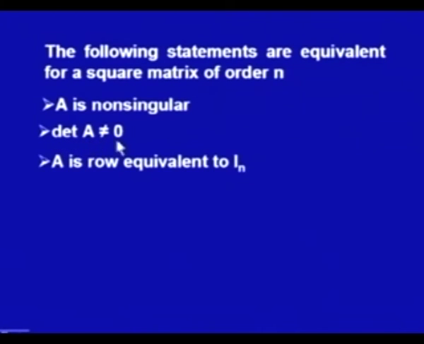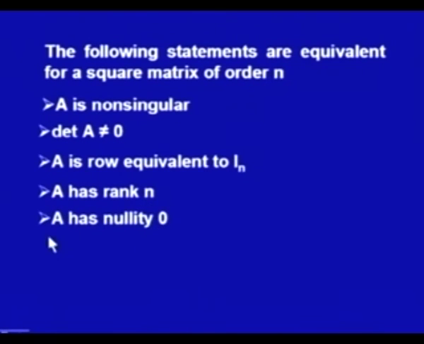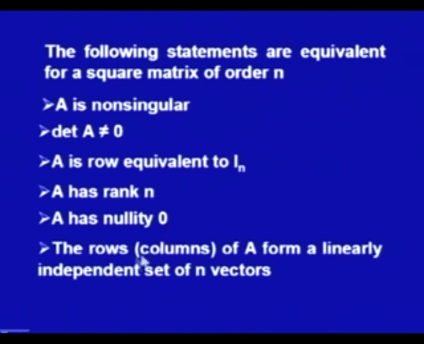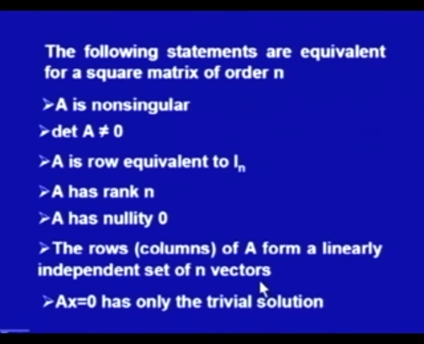Whenever determinant A is not 0, then we can always reduce A to In by applying elementary row transformations. A has rank n, since determinant A is not 0. A has nullity 0 due to the rank nullity theorem. The rows and columns of A form a linearly independent set of n vectors, this also we have proved earlier, and finally Ax is equal to 0 has only the trivial solution.